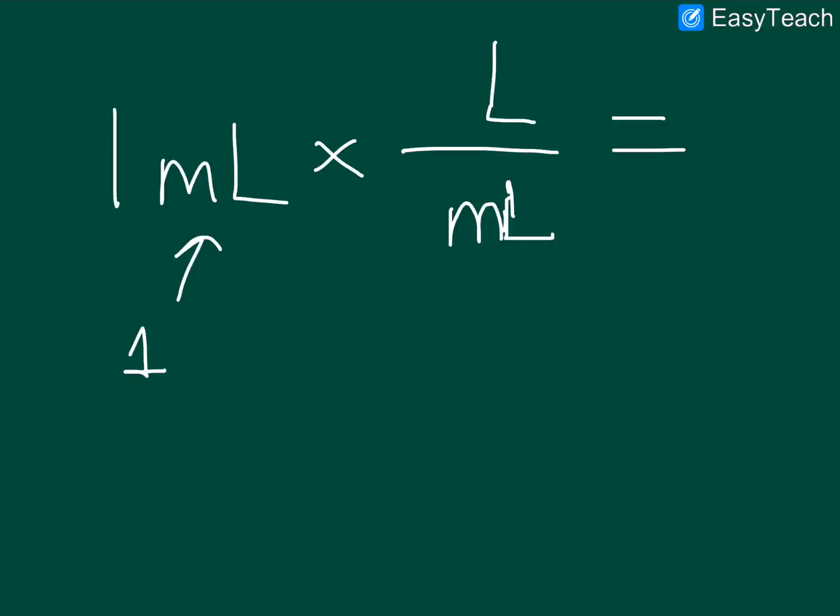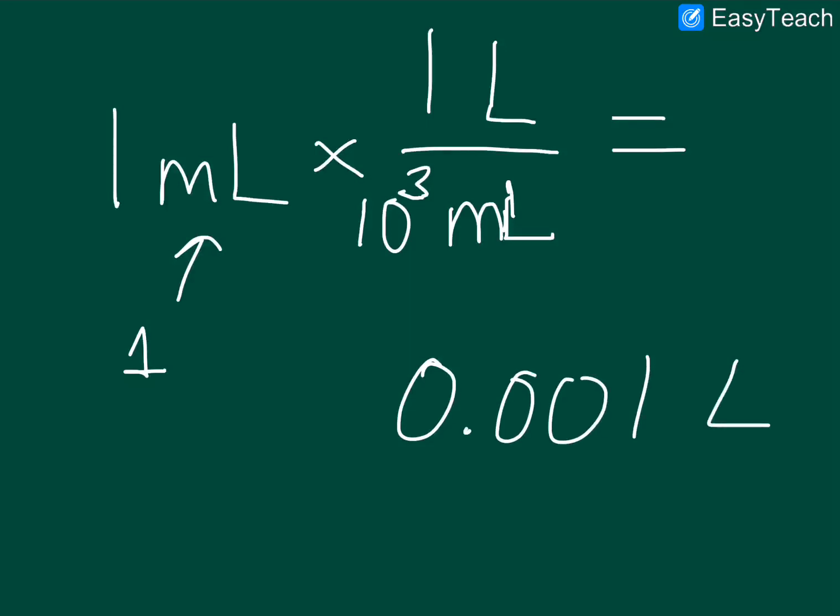For every 1 liter, there are 1,000, or 10 to the 3, milliliters. So if we have 1 milliliter, we divide that by 1,000, and we get 0.001 liters. And there you go.